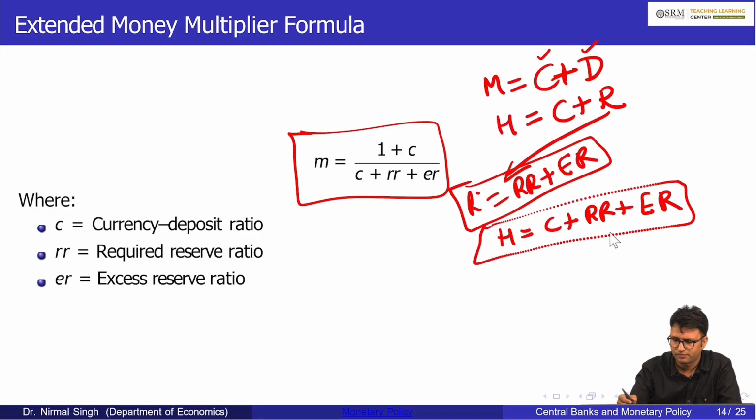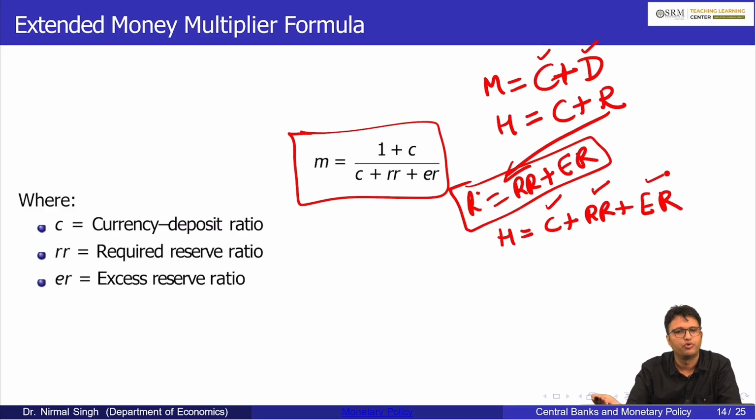Now all these terms, currency with the public or currency in circulation, required reserve, extra reserve, are in proportion to the deposits.